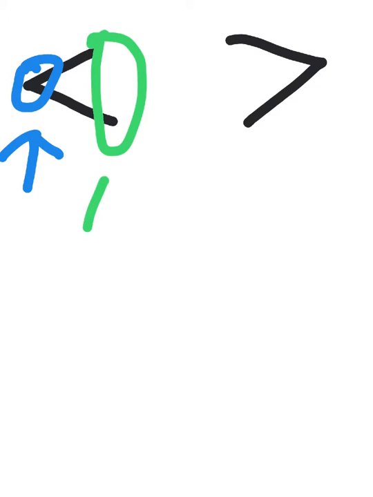So we have that sign right there. And then we have that sign right there. So this one right here, if you look at this end right here, pay attention to that right there. And then notice how the mouth is opening up on this end. This is the less than sign.